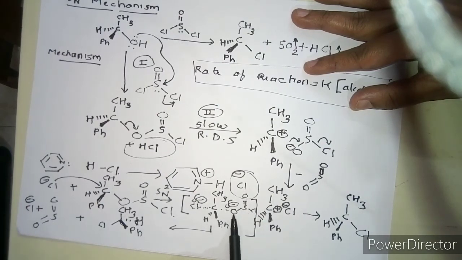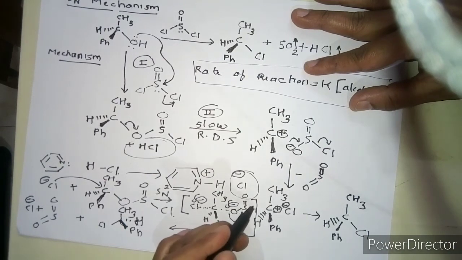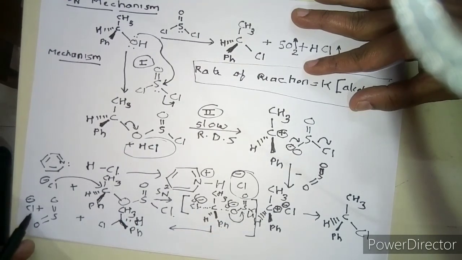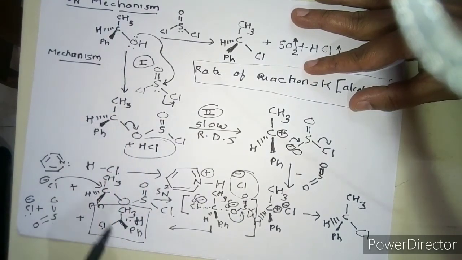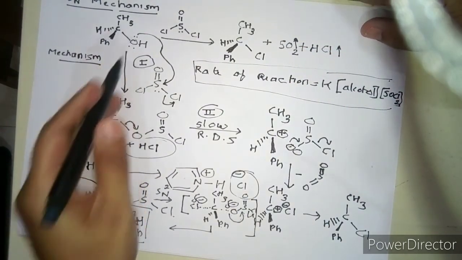These electrons shift here, the negative charge shifts here, and the Cl minus ion goes away. This product gets formed with inversion of configuration. Here it is Cl and here there is OH, this is inversion. So in the presence of pyridine, the reaction takes place with inversion of configuration.